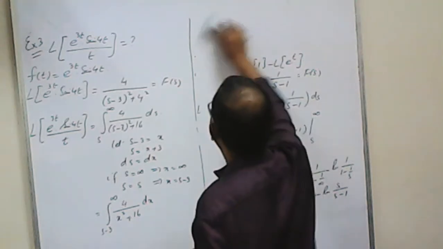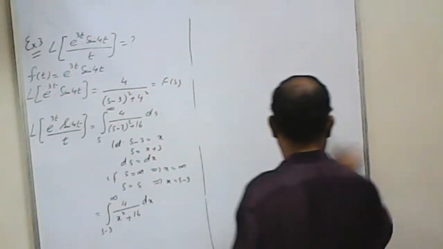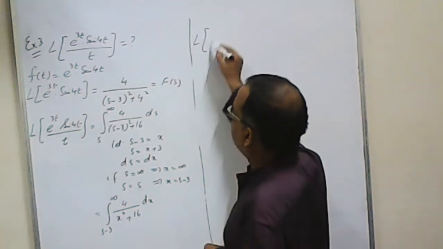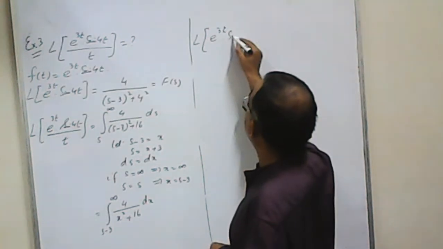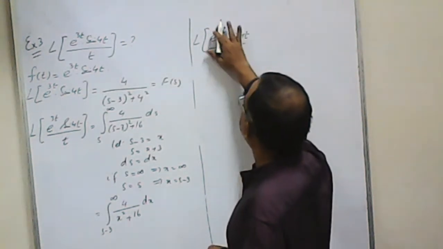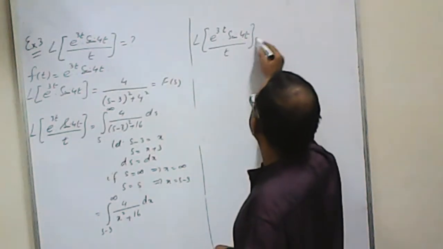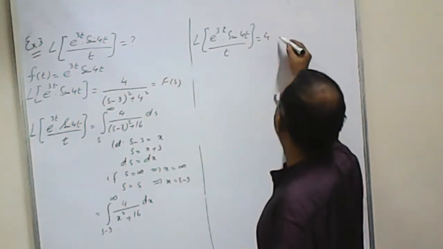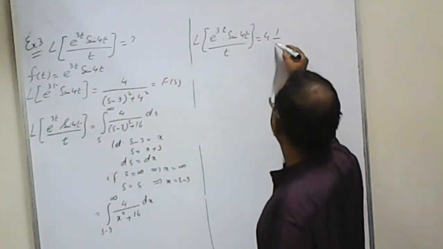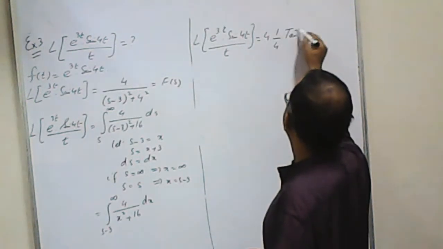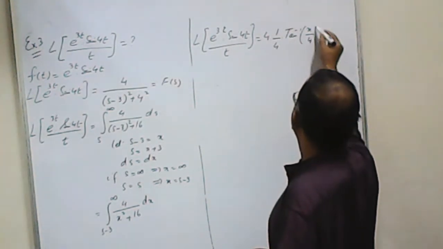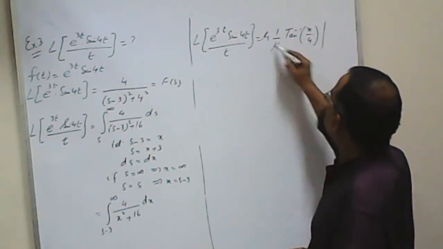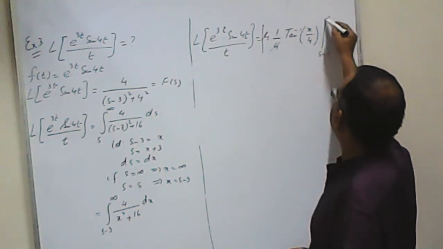So I can write that Laplace of e power 3t into sine 4t upon t, on right hand side this is equal to 4 into 1 over a tangent inverse x over a. 4 cancels with 4, and this is s minus 3 to infinity.